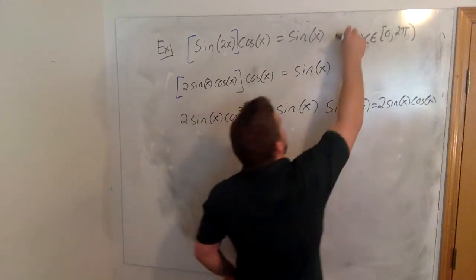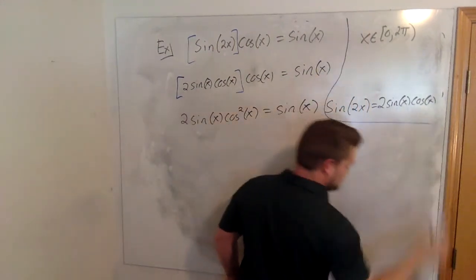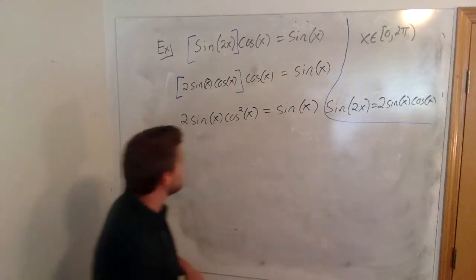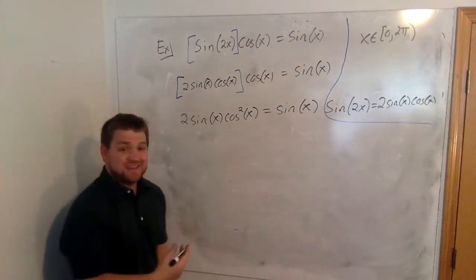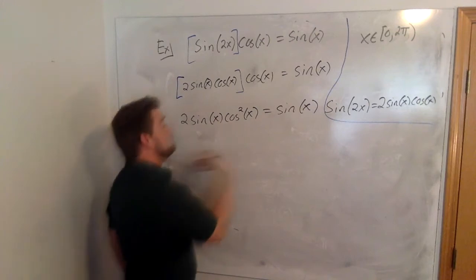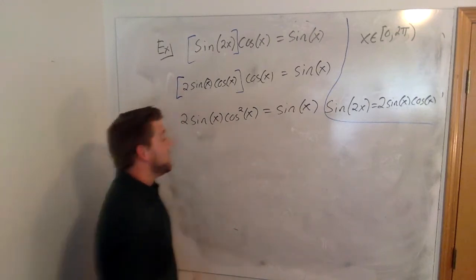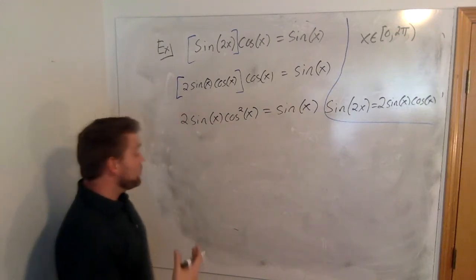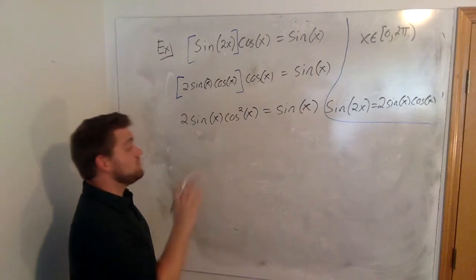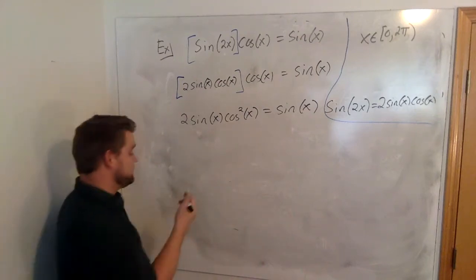So let's kind of block this out here. A mistake that you don't want to make here is divide both sides by sine. You're going to miss a solution. What we're going to want to do here is move everything to one side and set it equal to 0.